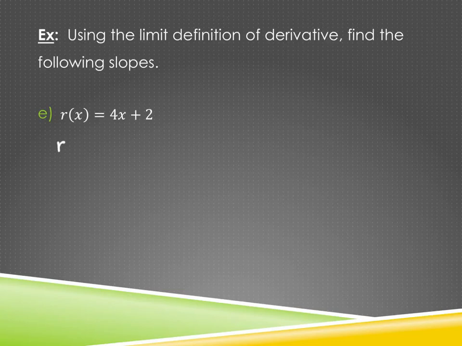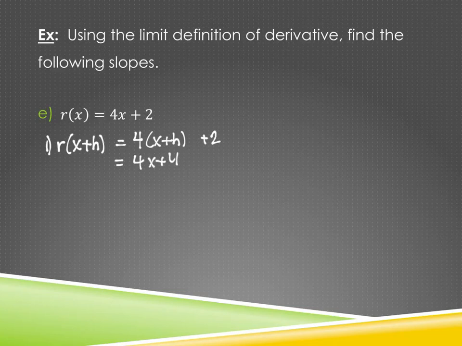So we're going to do step 1, r of x plus h. So this is 4 times x plus h plus 2. It's 4x plus 4h plus 2. Step 2 is r of x plus h minus r of x.